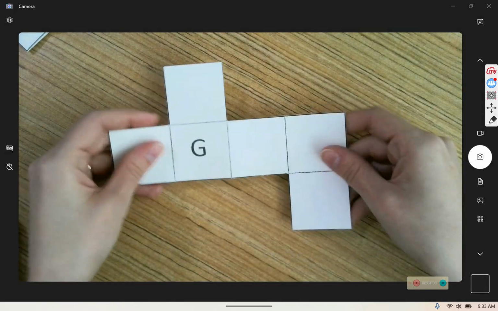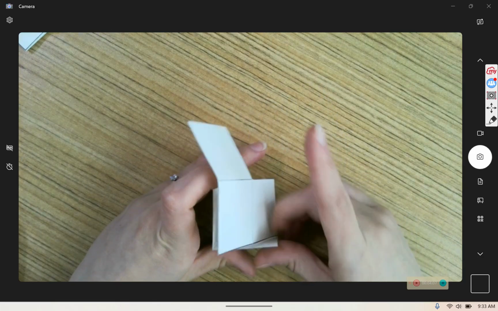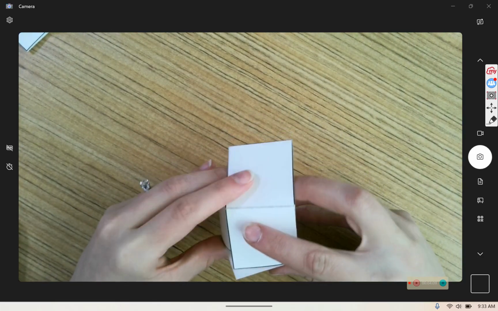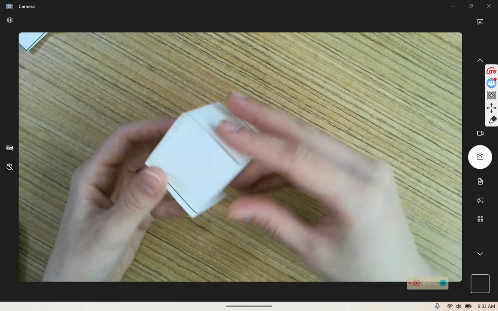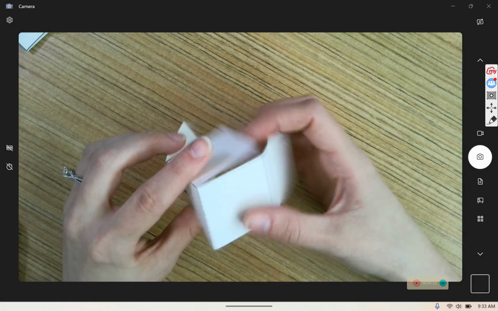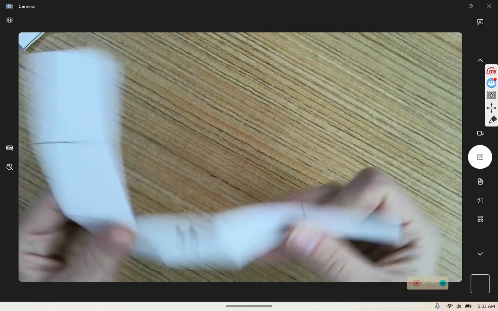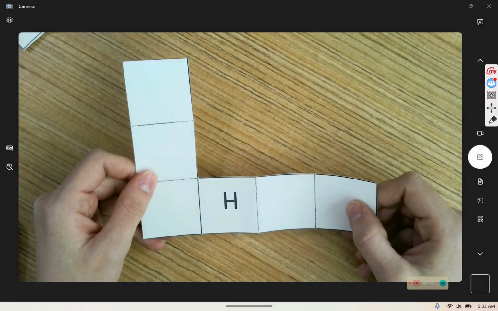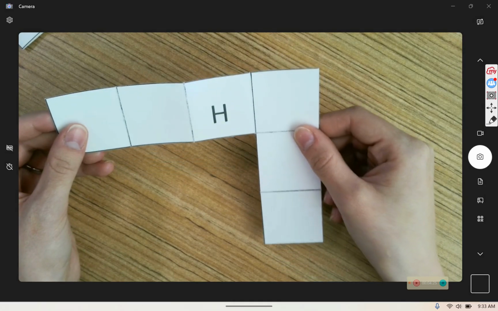G. G does close all faces. H. Or your H is oriented like this in your book.